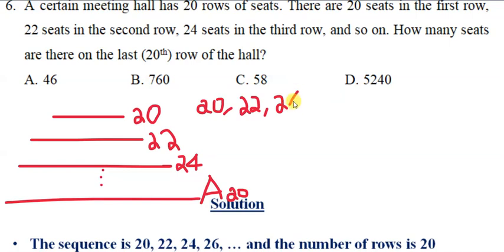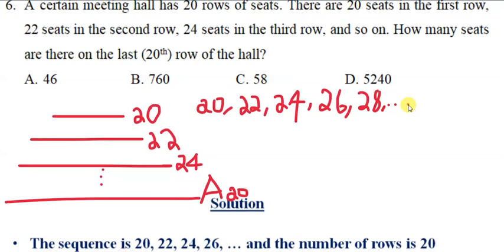Because this forms an arithmetic sequence, the common difference is simply 2, and therefore we can guess the next one is 26, the fourth row has 26 seats, and the fifth row has 28 seats, and so on up to the 20th row, which we are going to find.